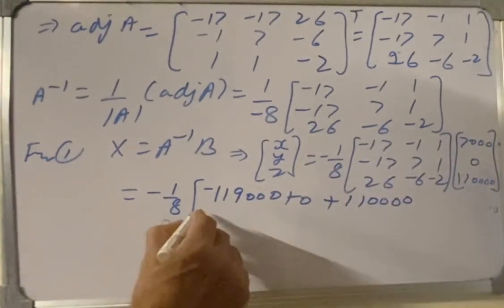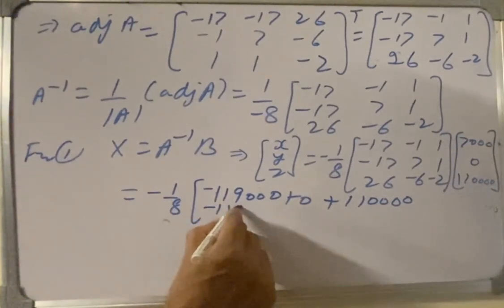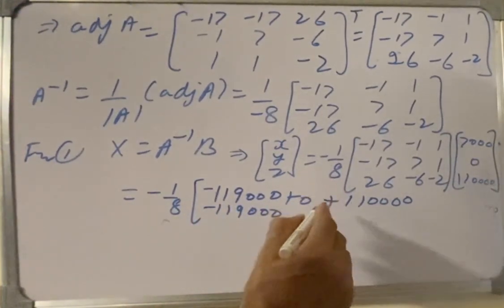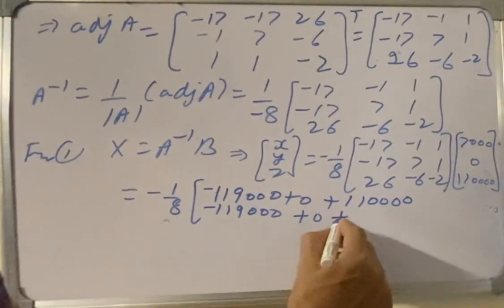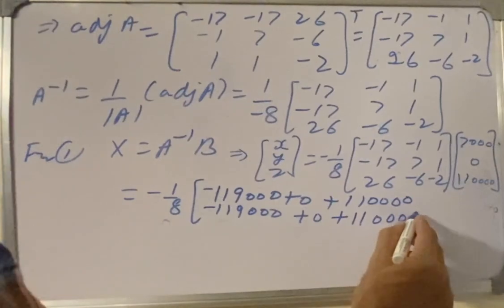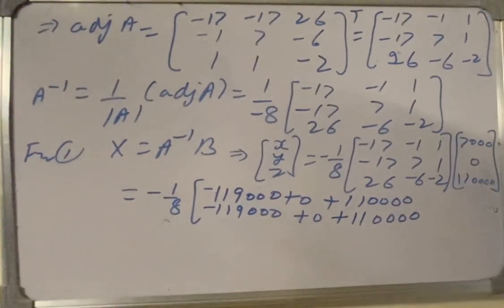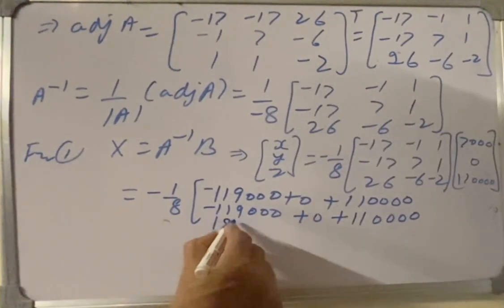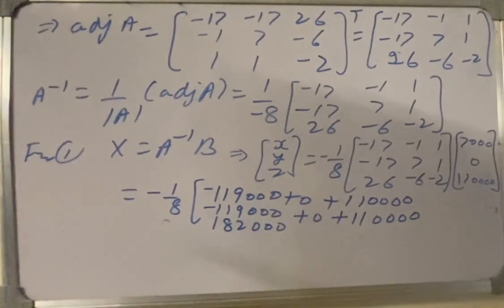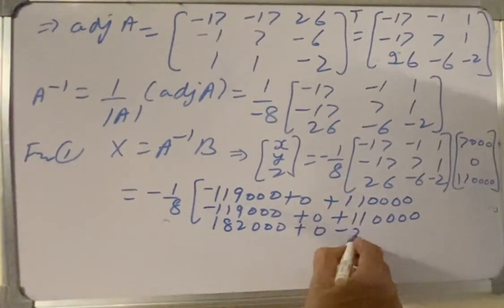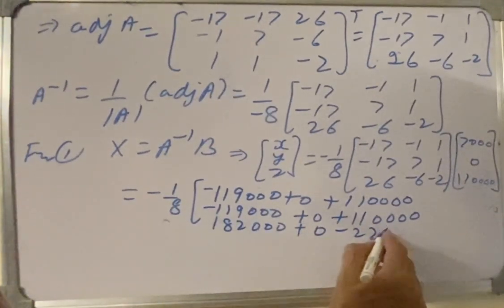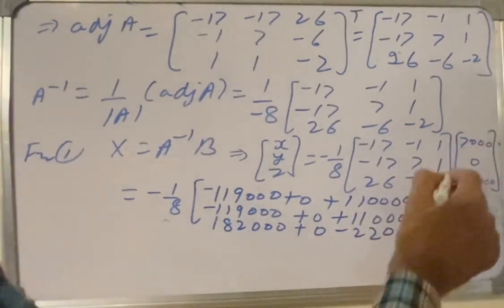Then the second row with this column: minus 1,19,000, then plus 0, plus 1,10,000. Then the last row: 1,82,000 plus 0 minus 2,20,000.